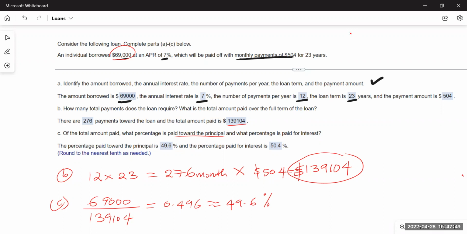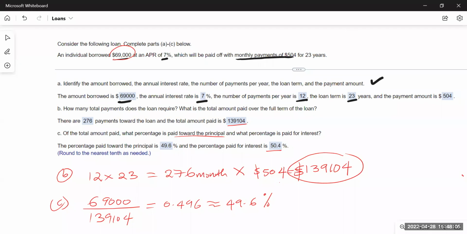Now, if we want to know the percentage paid towards the interest, we know how much was paid in total, and we know how much is paid towards the principal. There are two ways to do this.